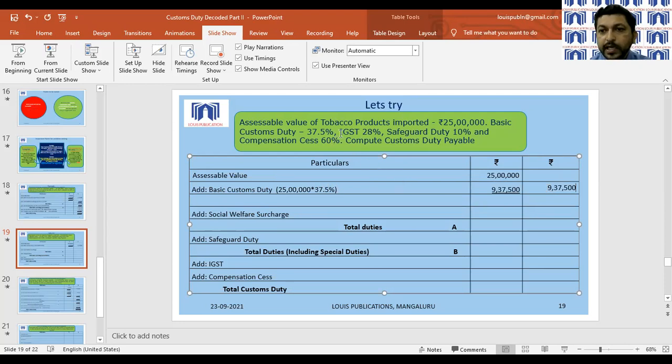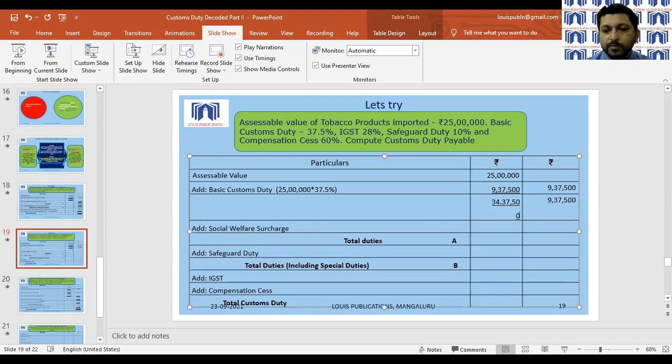Then NCCD and CVD are not given in the problem, so let's not worry about them. So I will simply total this as 9 lakh 37,500. The value 34 lakh 37,500, that is 25 plus 9, becomes irrelevant.